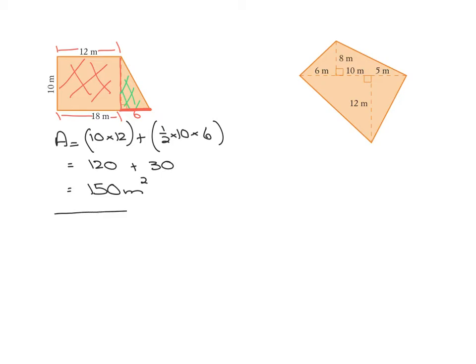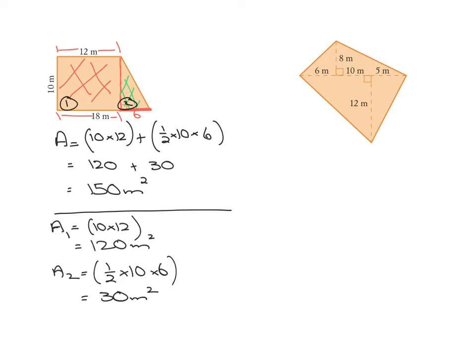Now the second way of writing it is a little bit longer, but for some people it makes more sense. So there's your area 1, and I'm putting area 2 there. Area 1 is my 10 by 12. I've done area 1, area 2 for you, and I did put brackets. Do I need to put brackets? No, I don't.